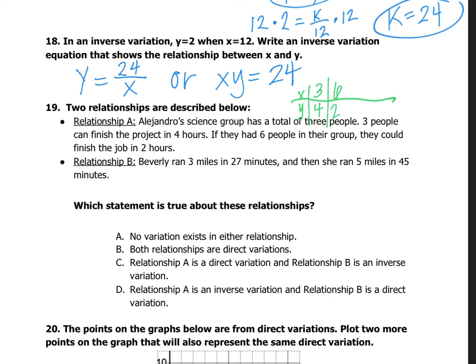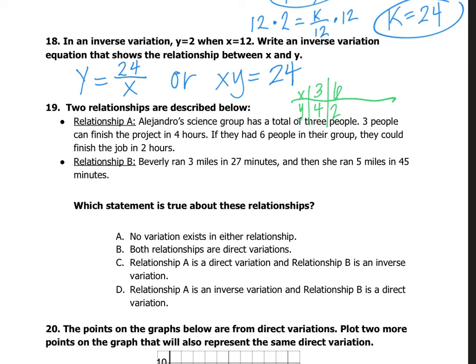So when I go from 3 to 6, I multiply by 2. However, when I go from 4 to 2, as you can tell, I have not multiplied by 2. So because of this, I know that it can't be direct variation. However, I need to check for inverse variation.